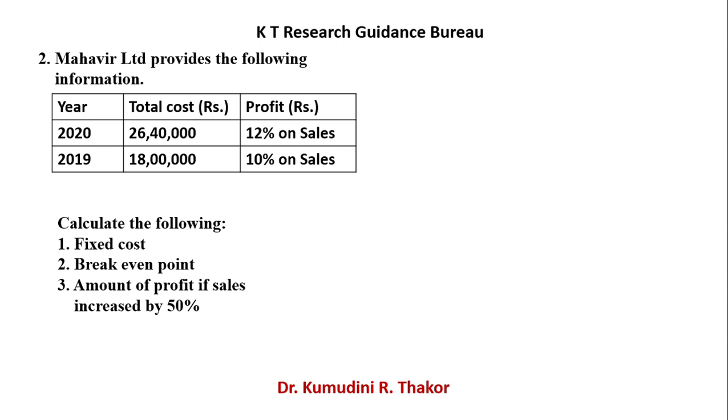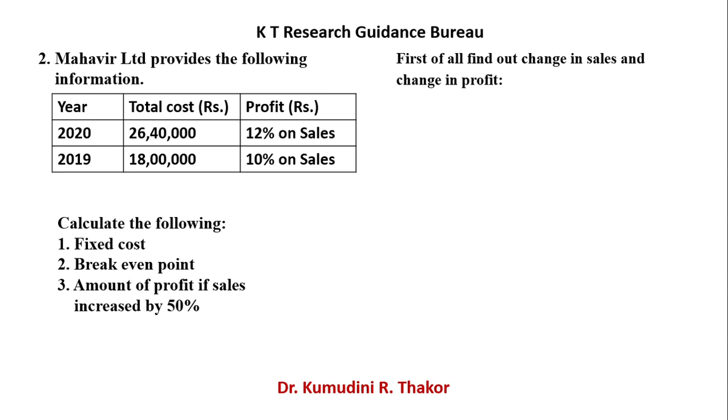With these two data, you can find out another thing, and that is your profit. So sales is equal to total cost plus profit. So for both years you have to find out, and then you can compare, and by comparison you can find out change in profit and change in sales. Let's calculate.